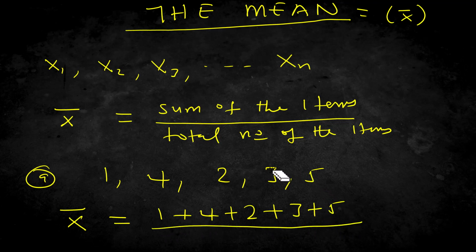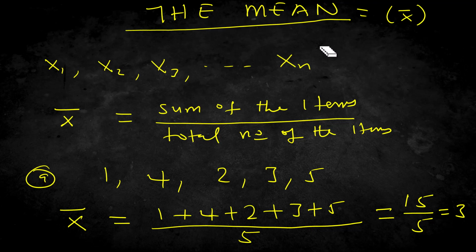So we have 1, 2, 3, 4, 5, so over 5. 1 plus 4 is 5, plus 2 is 7, plus 3 is 10, plus 5 is 15. 15 on 5 is 3. So the mean of these numbers is 3.